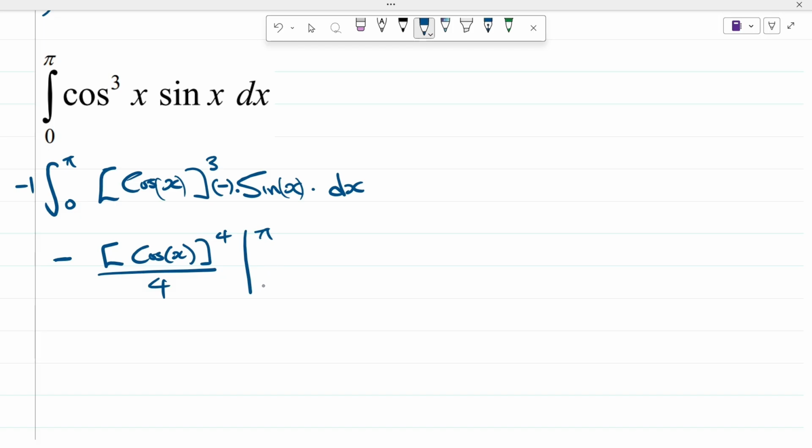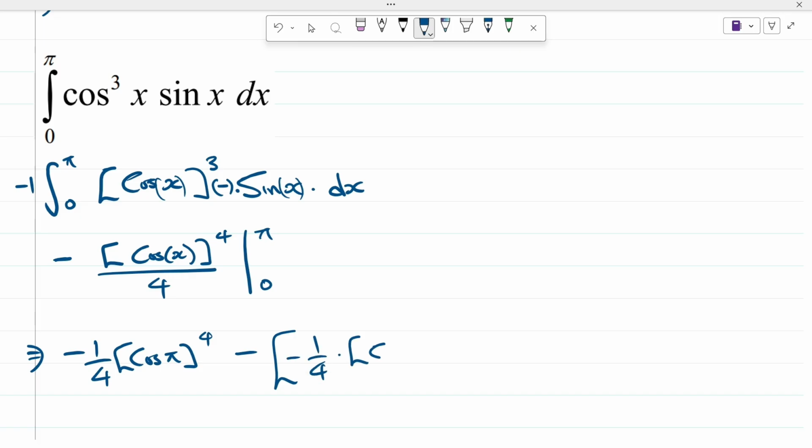And then you put the limits 0 and pi there. Then from here, you just need to substitute our limits to get our answer. So -1/4 cos of pi to the power of 4, minus -1/4 cos of 0 to the power of 4.